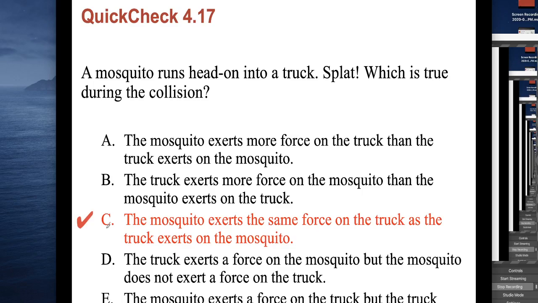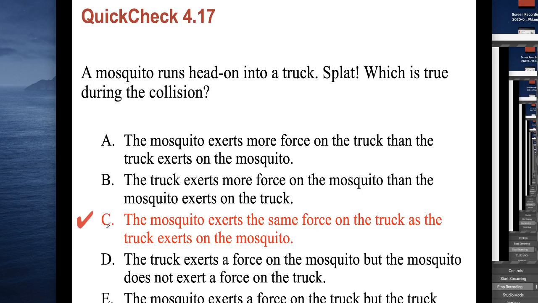Simply because the truck is heavy and strong, and the mosquito is light in weight and too soft, the mosquito is easy to destroy and the truck seems fine. But the forces on the mosquito and the truck are actually the same. Don't forget that even a small force can kill a mosquito. So the mosquito dies, but the truck is fine.